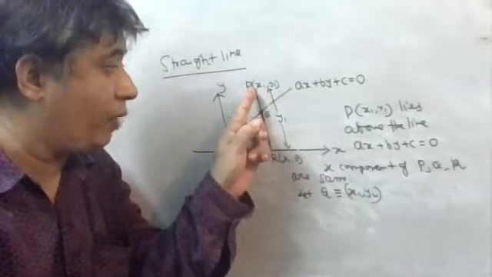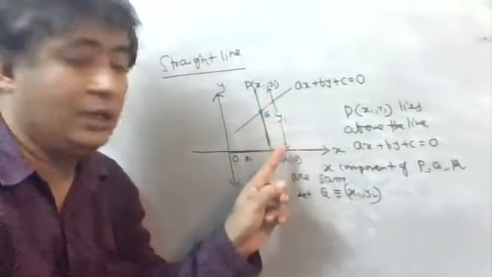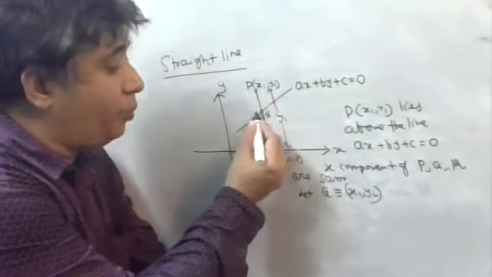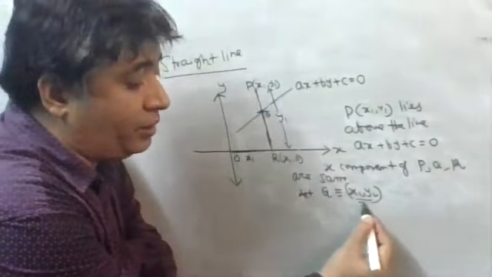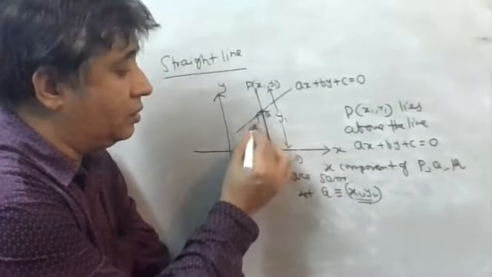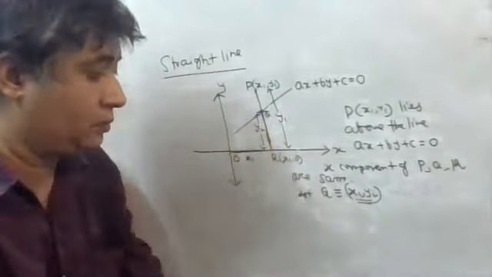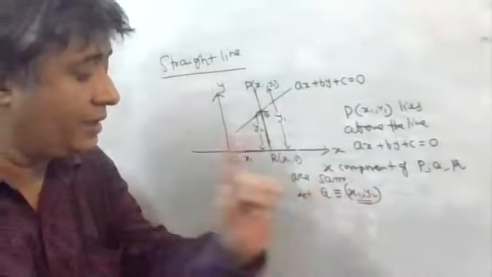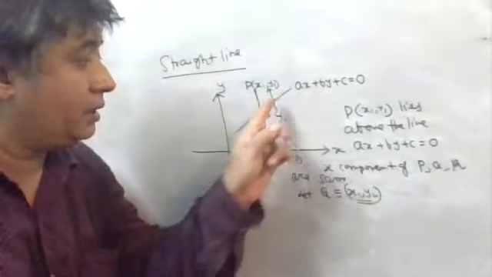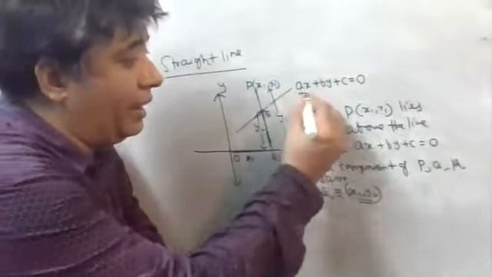This point's y coordinate is y1, and this point's y coordinate, according to the assumption, is y2. So where does this point lie? On this line.